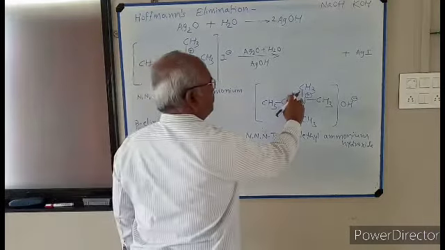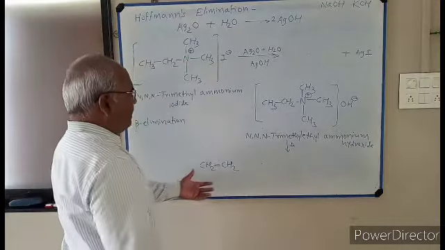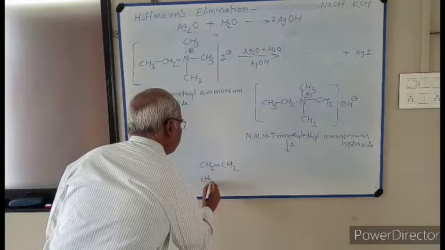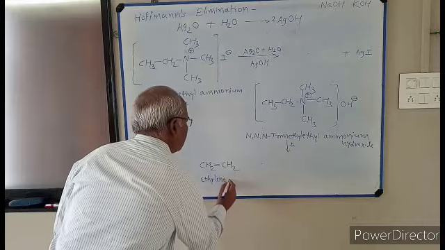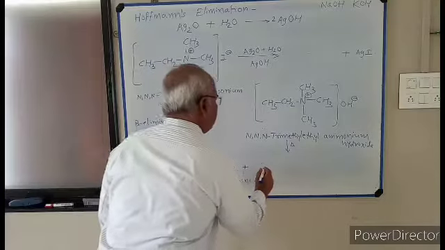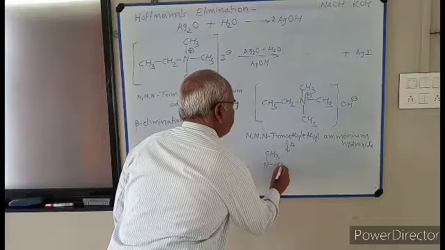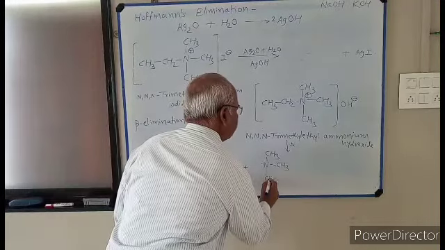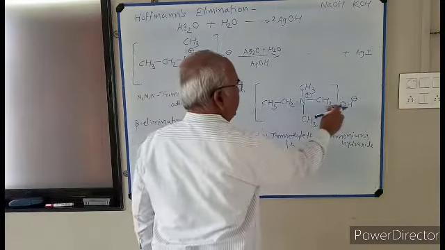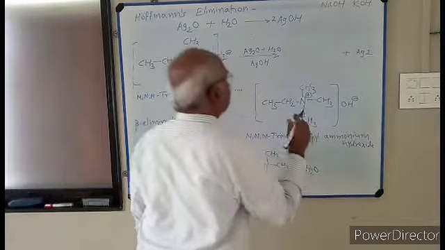The bond breaks here. Carbon hydrogen bond also breaks, and ethylene or ethene is the product, plus N CH3, plus hydrogen H plus and OH minus combines to produce water molecule.